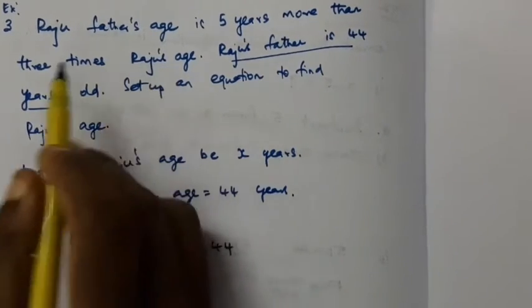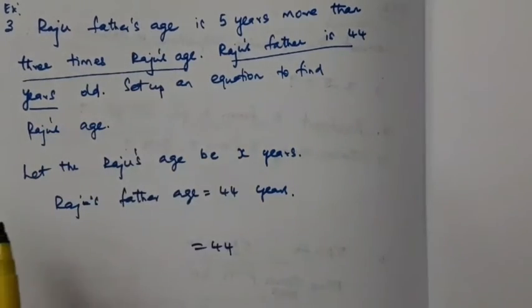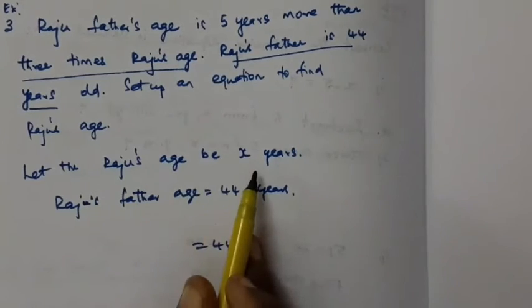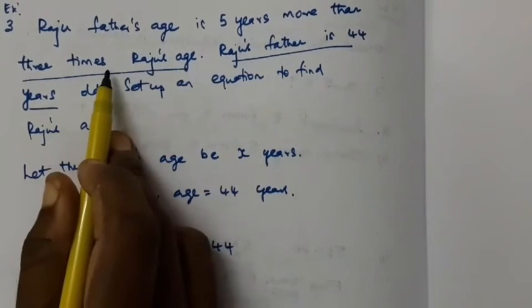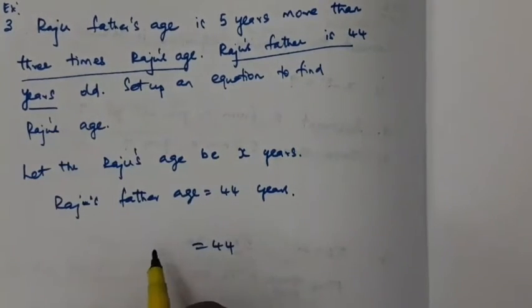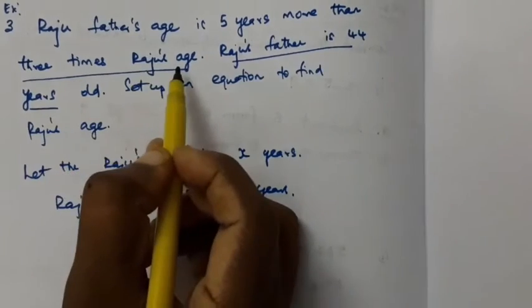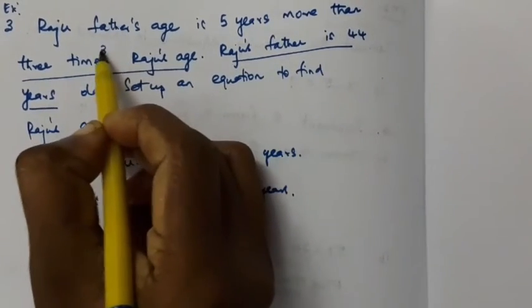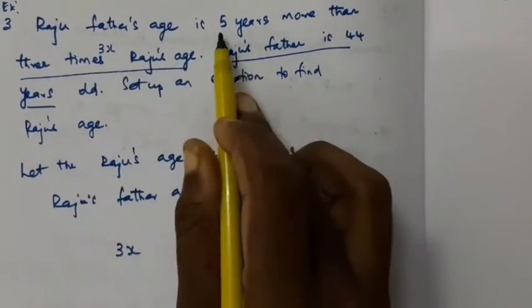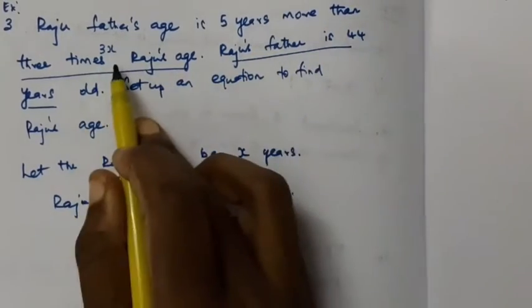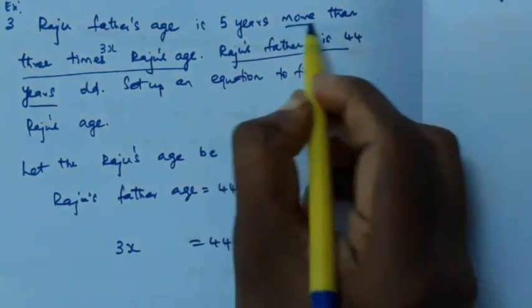First you have to see what is this 3 times Raju's age. If Raju's age is X, what is 3 times X? So 3 times X is 3X. So instead of this 3 times Raju's age, you can write 3X. 5 years more than 3X. So what does more represent?